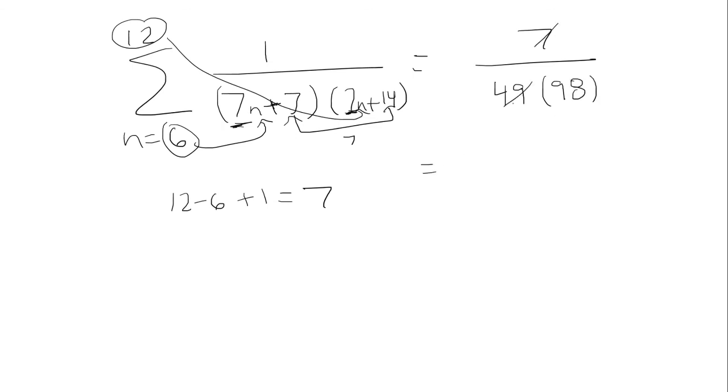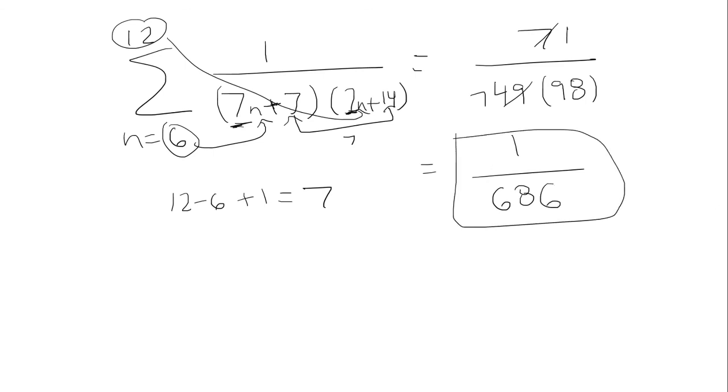Now the 7 and the 49 simplifies to 1 and 7. So we have 1 over 7 times 98 is 686. Okay, so our final answer is 1 over 686.